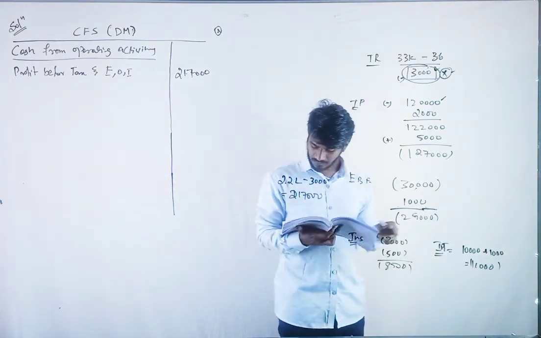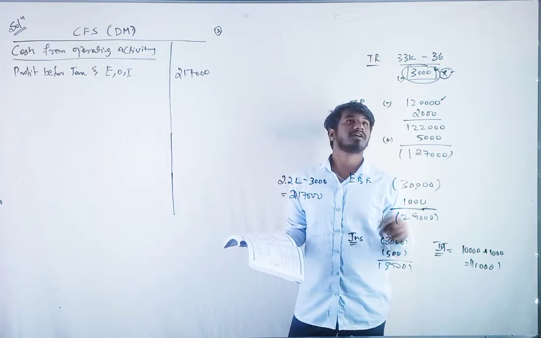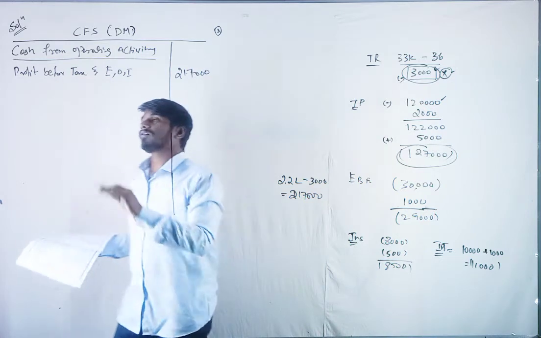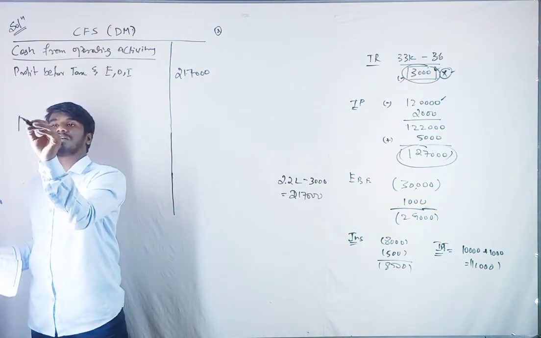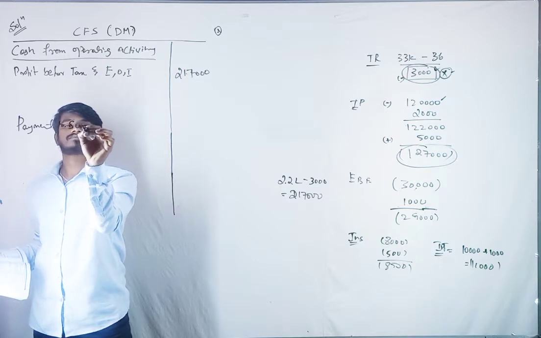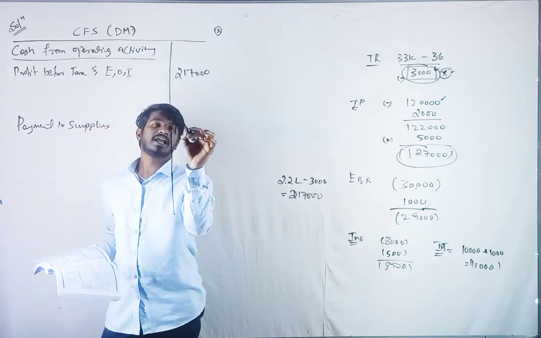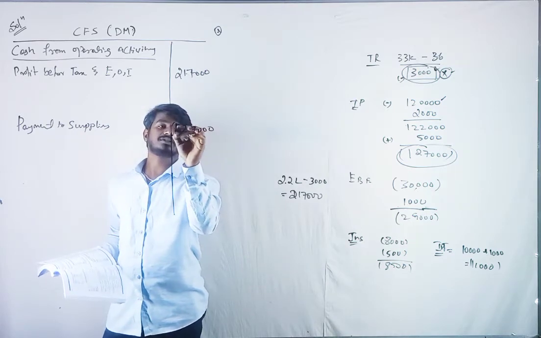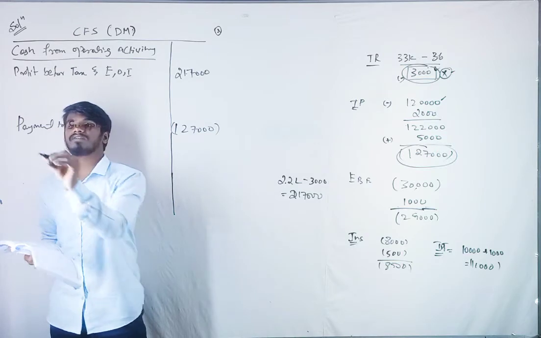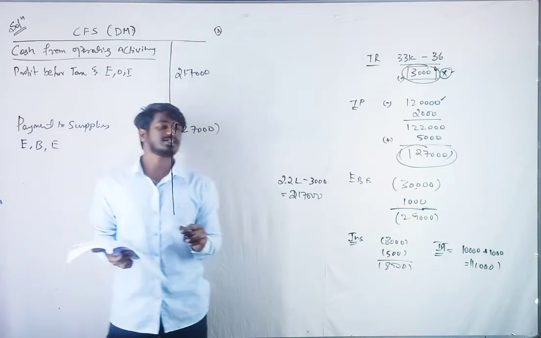Fine. Next, what they have given? Cost of material consumed. Payment to the suppliers, 1,27,000 minus. Okay. Next, employee benefit expenses. How much it is?